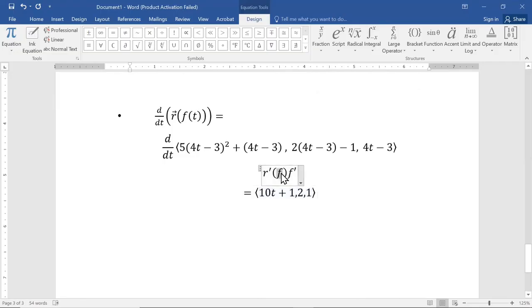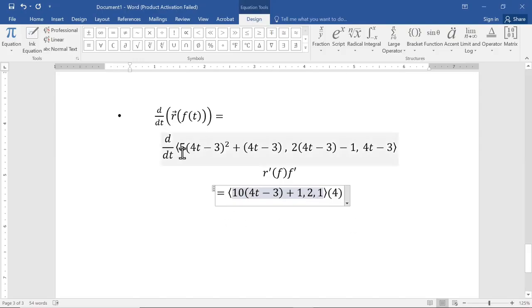If I want to plug in f of t, that means I replace every t I see with 4t minus 3. And then after I do that, I multiply by my f prime. Remember, f was 4t minus 3, so f prime is simply 4.